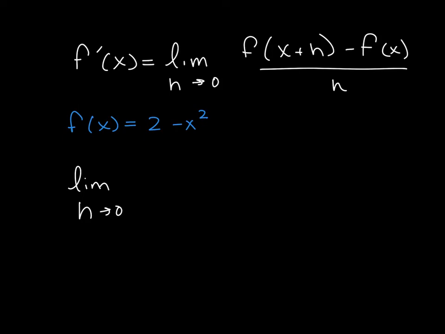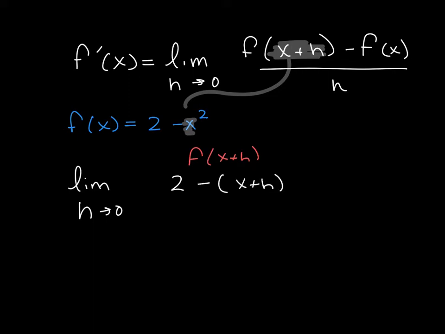Now, remember what we're doing here is we're replacing x with x plus h and plugging it in for the x value for the first part. So the first part of the difference quotient is f of x plus h, which leaves us with 2 minus x plus h quantity squared.